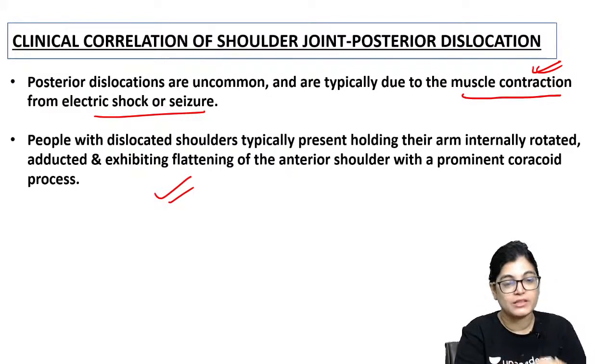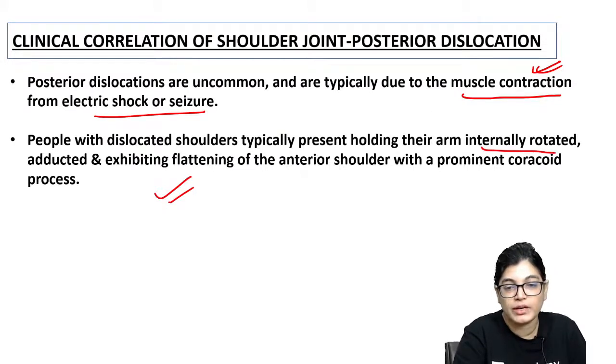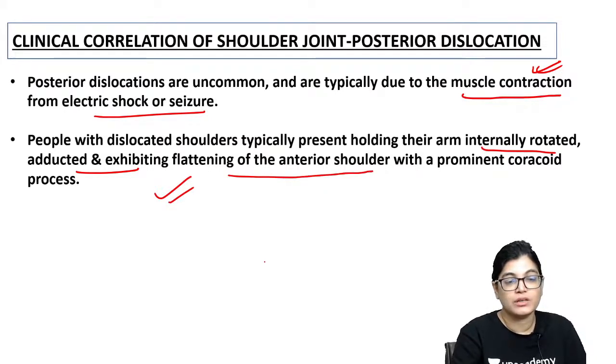Posteriorly dislocated patients come to the clinic holding the arm in an internally rotated and adducted position, and there will be flattening of the anterior shoulder with prominence of the coracoid process.